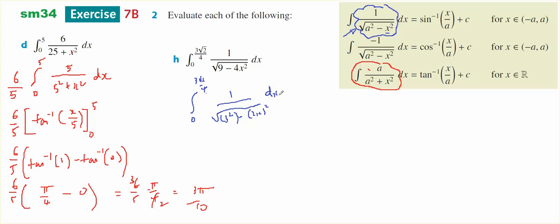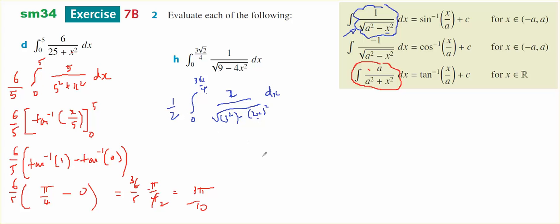Therefore, I've got a dx, but I need a 2, therefore I have a half out the front. Now I'll go through that again. The derivative of x is dx, but since I have 2x here instead of the x position, therefore the derivative of 2x is going to be 2 dx.